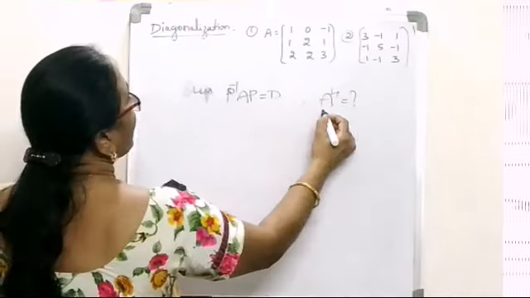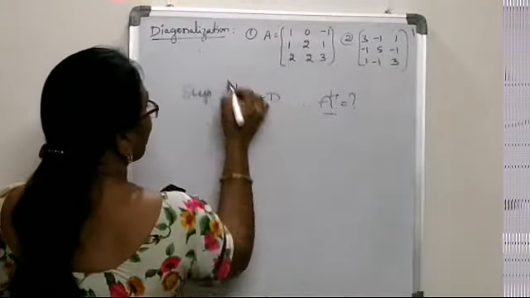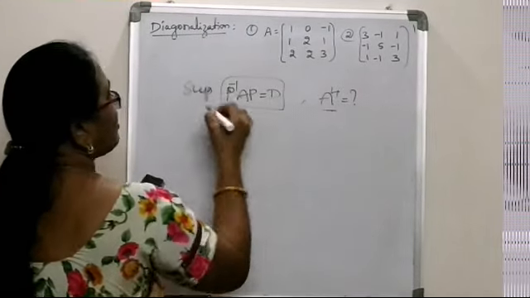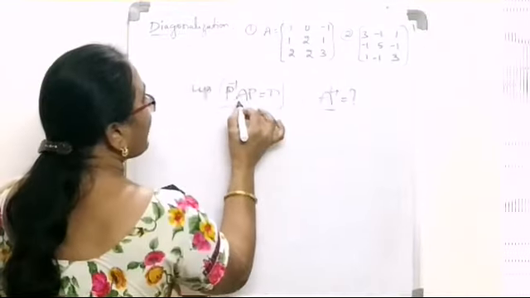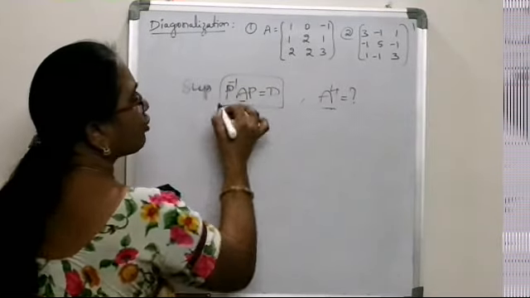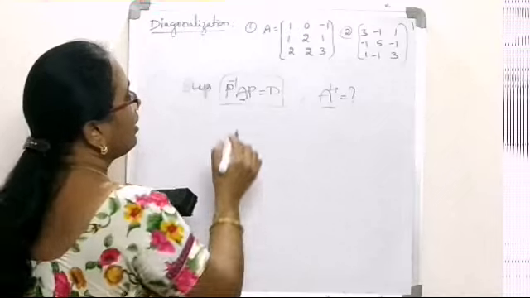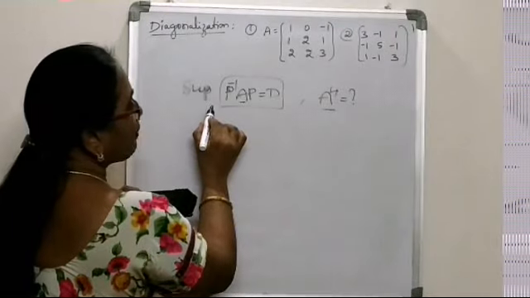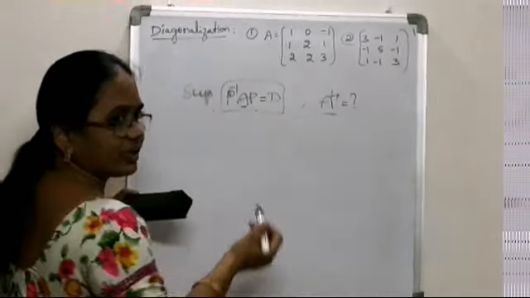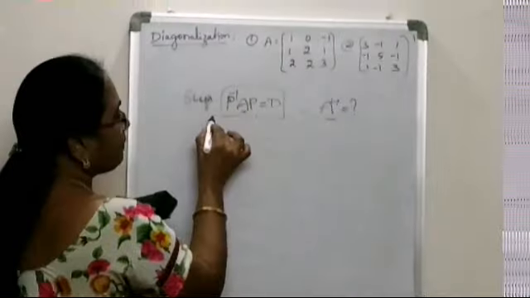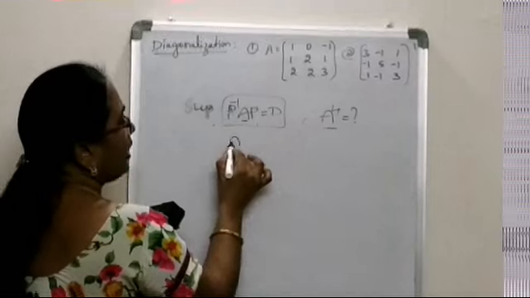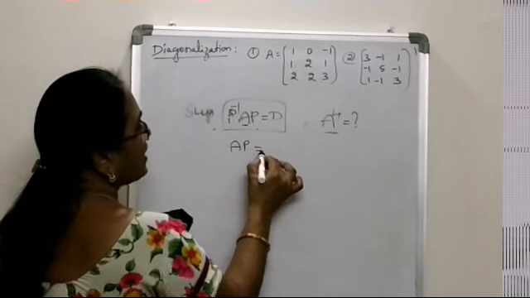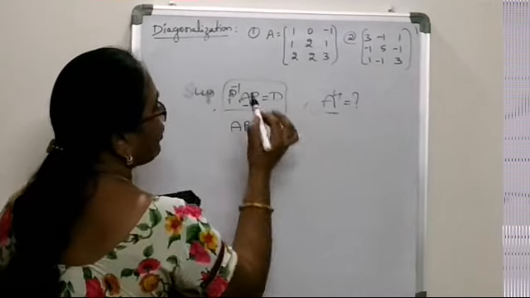We have to separate A on the left-hand side. For that, we pre-multiply with P and post-multiply with P inverse on both sides. When we pre-multiply with P, P into P inverse becomes I, so it reduces to A P equal to P D.